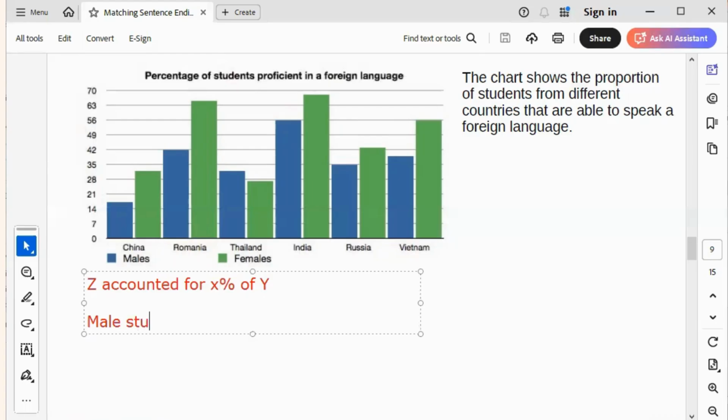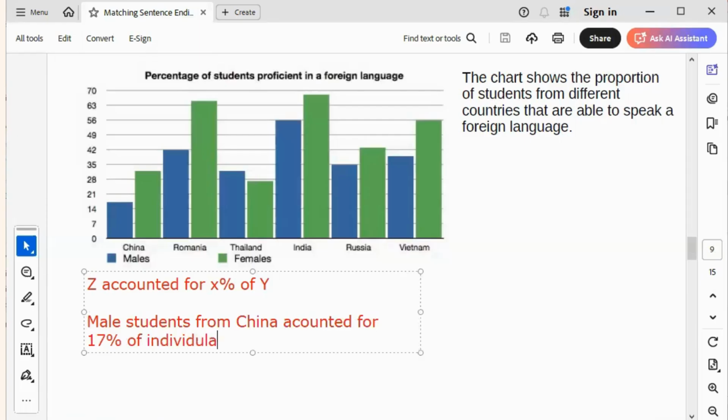Male students from China accounted for what? 17% of individuals that what?